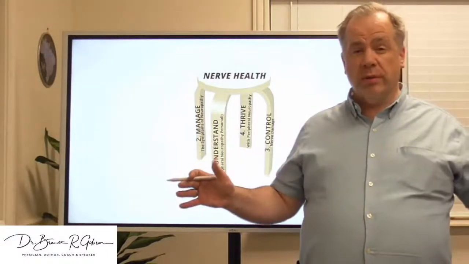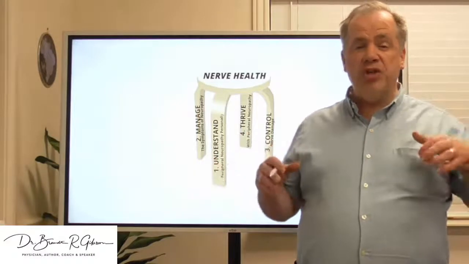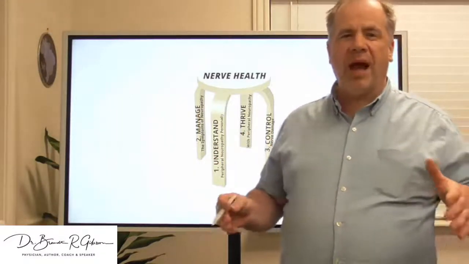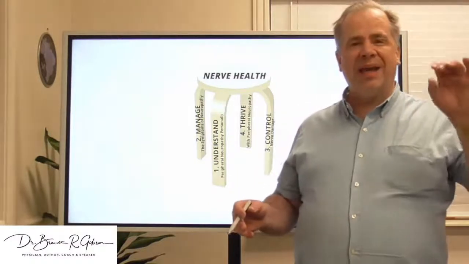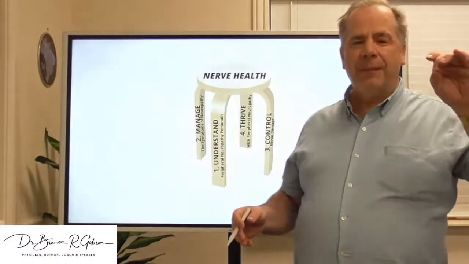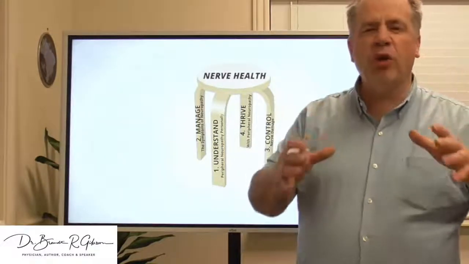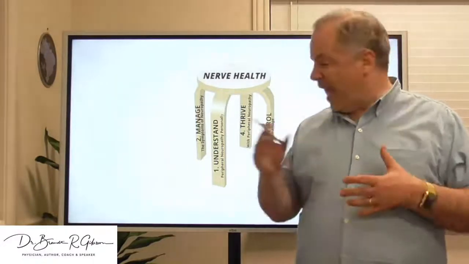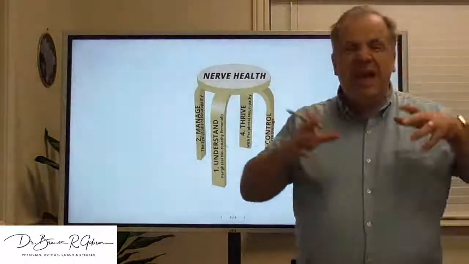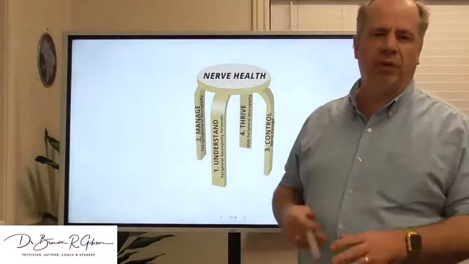This is huge, because I don't want to just help you live with neuropathy. I want to help you live in spite of neuropathy. I want to keep neuropathy from interfering with the extraordinary life that you desire to live. And that's the goal. That's what number 4 is. Thrive with peripheral neuropathy. Live that extraordinary life even with peripheral neuropathy.